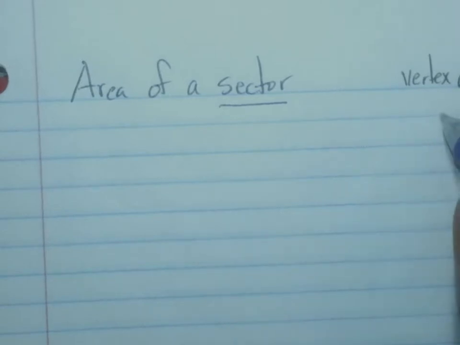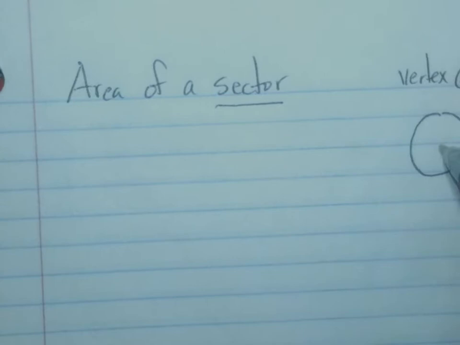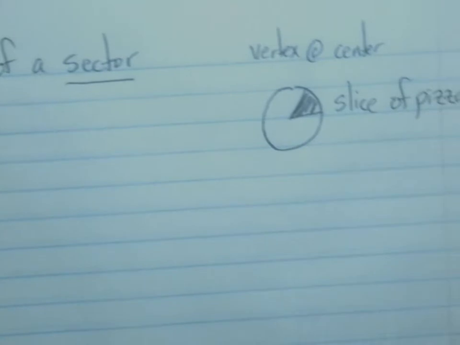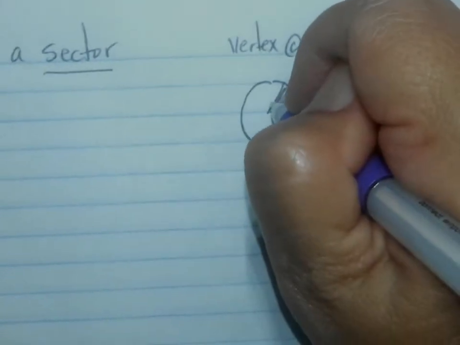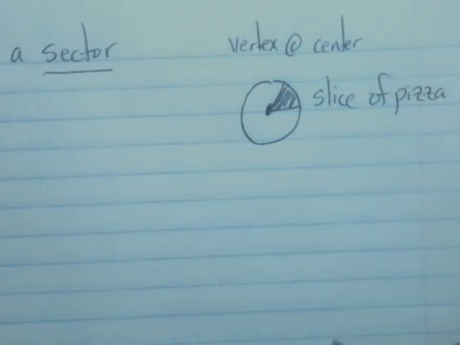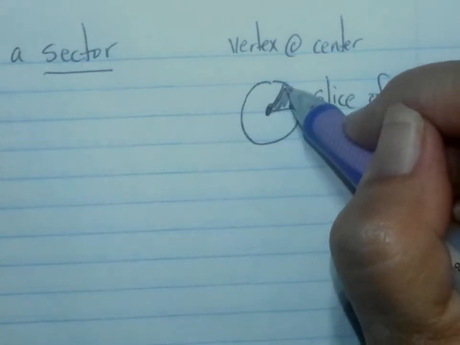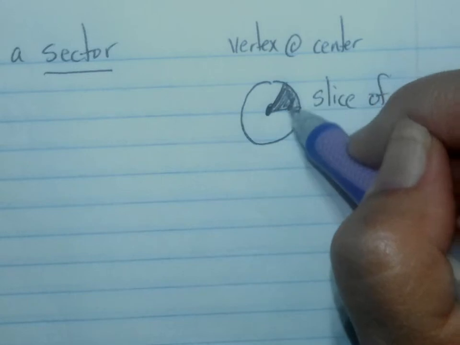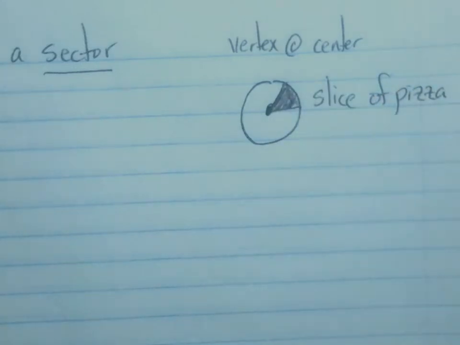But basically, if you would just think of a sector as a slice of pizza. So the vertex is at the center of the circle, and then that angle goes out, intersects the circle, and forms this little area, and that's a sector. Comes from the same word as section.